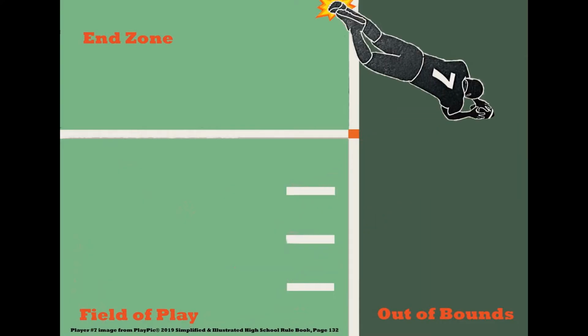All right, the next slide shows a player who catches a ball or lands in this awkward position, jumping from the field of play into the end zone with his foot contacting in the end zone. In all codes, if you're contacting in the end zone and you're in possession of the ball, meaning you've satisfied the catch requirements, then you get the goal line extended.